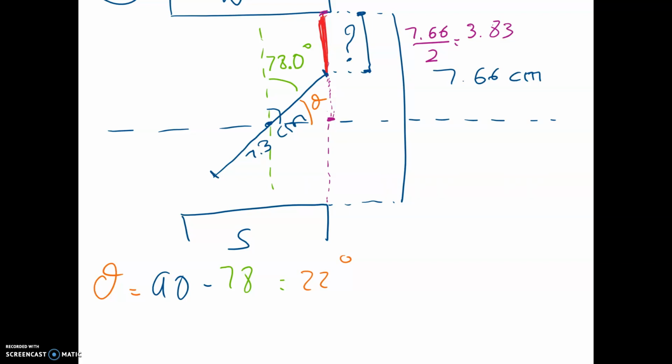In order to find the distance, let's call the distance I'm looking for d. I know that from there to there it's 3.83, and I'm going to call that h.